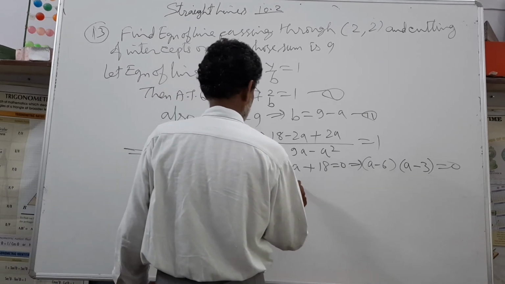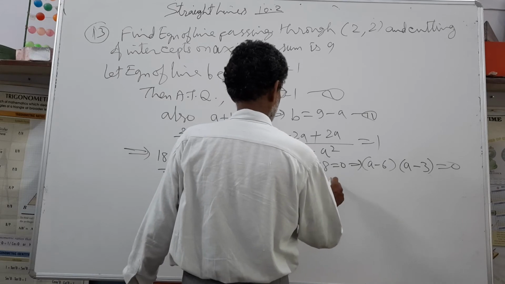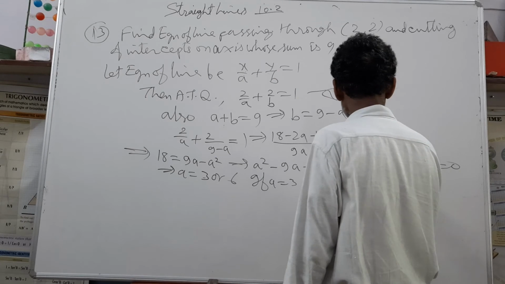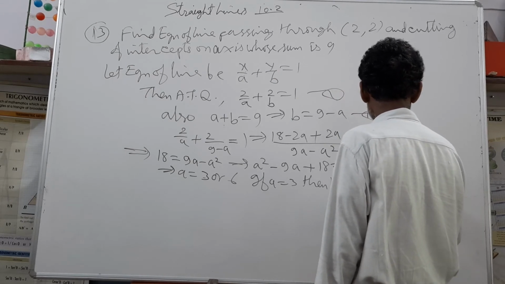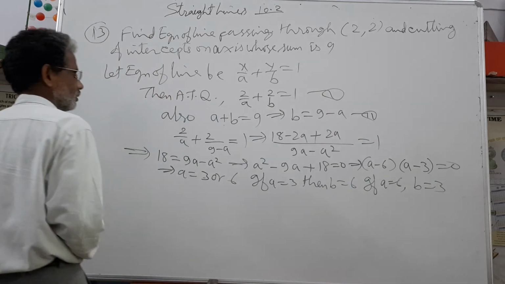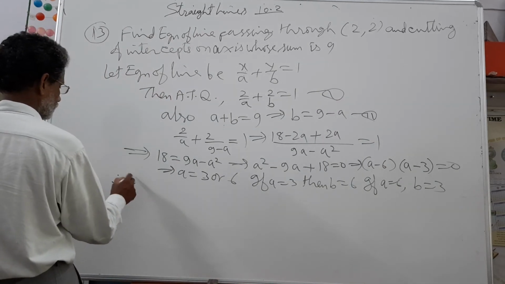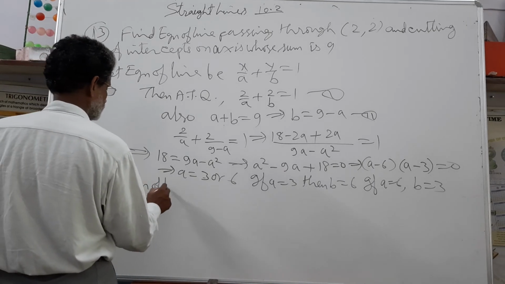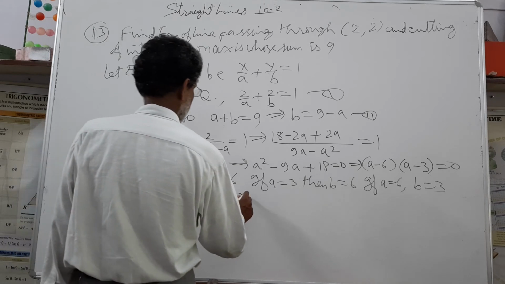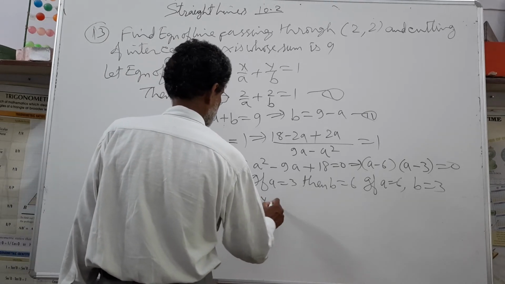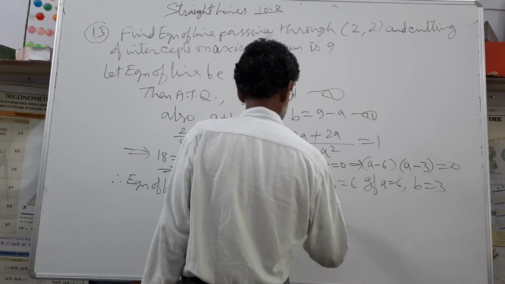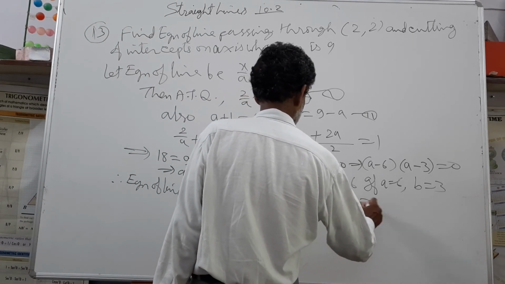If a is equal to 3, then b is equal to 6, 9 minus 3. If a is equal to 6, then b is equal to 3. Therefore, equation of lines will be x by 3 plus y by 6 equal to 1, or x by 6 plus y by 3 equal to 1.